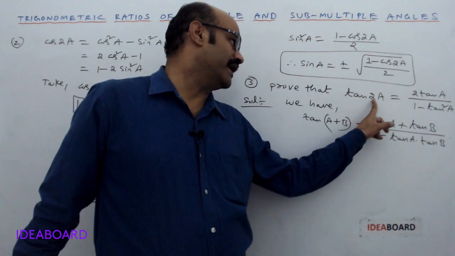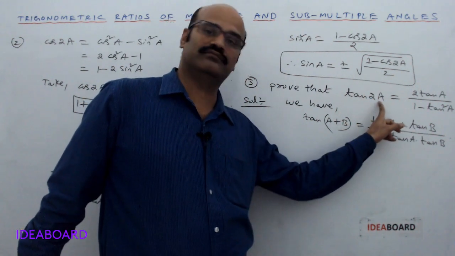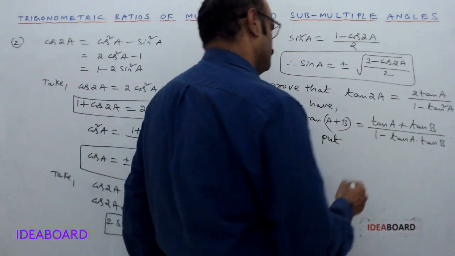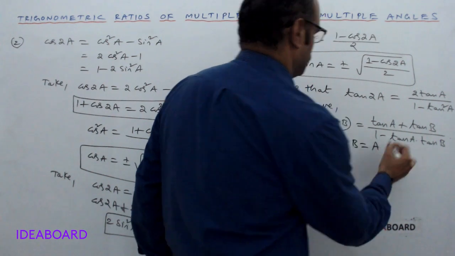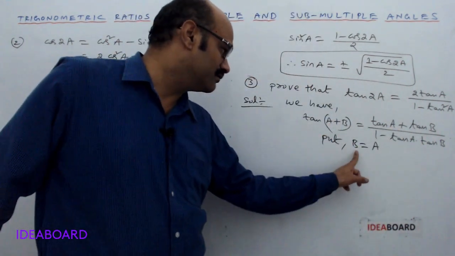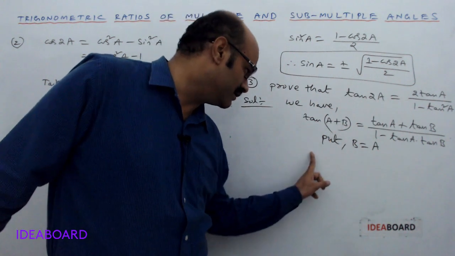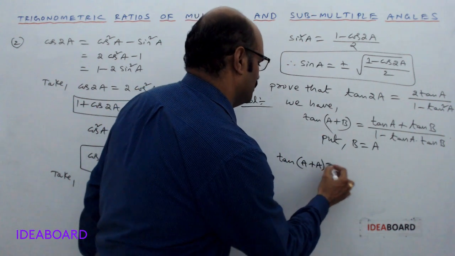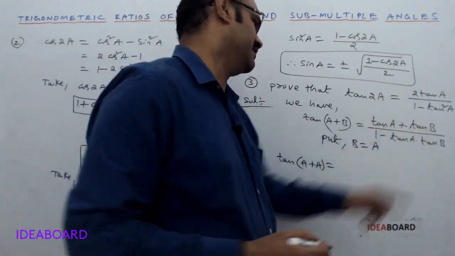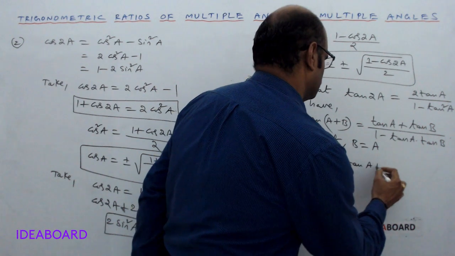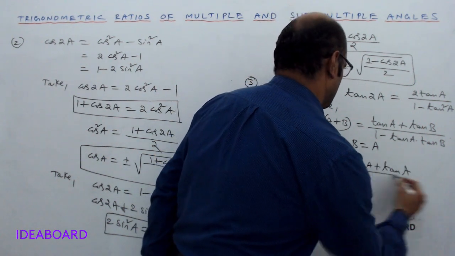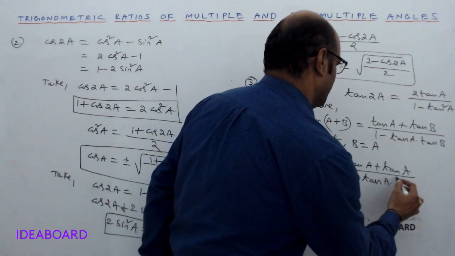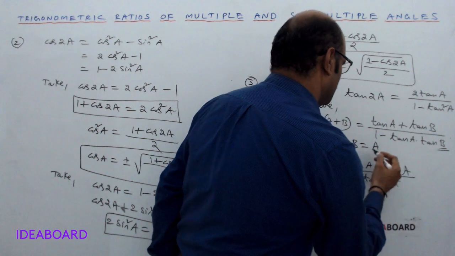Now to get tan 2A, put B equal to A. Then we get tan of A plus A equal to tan A plus tan A divided by 1 minus tan A into, in the place of B, A.